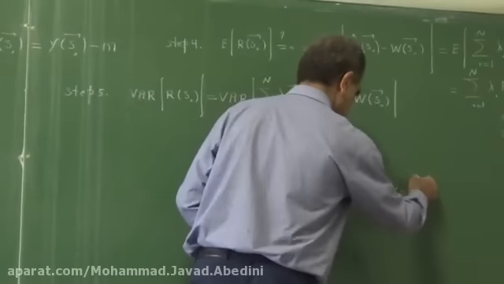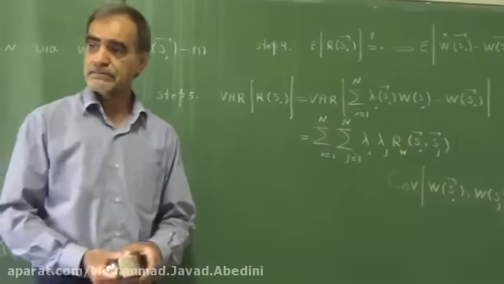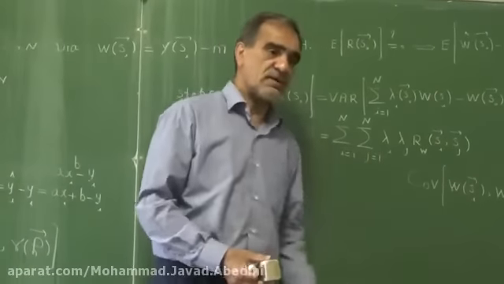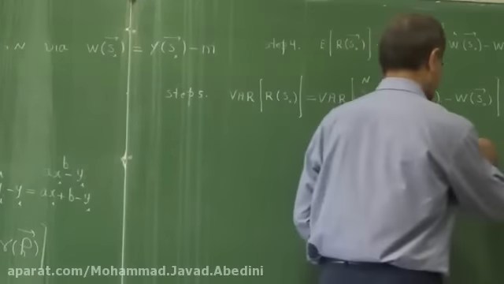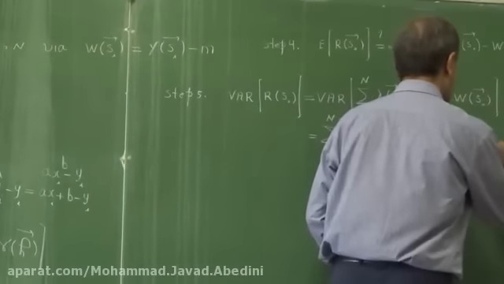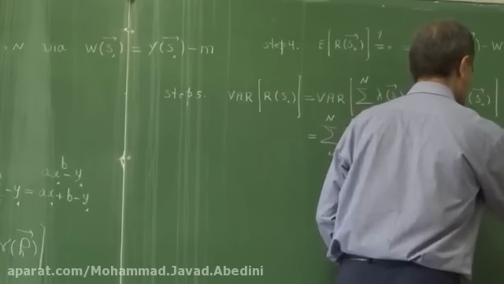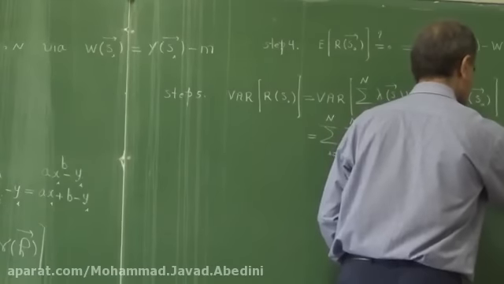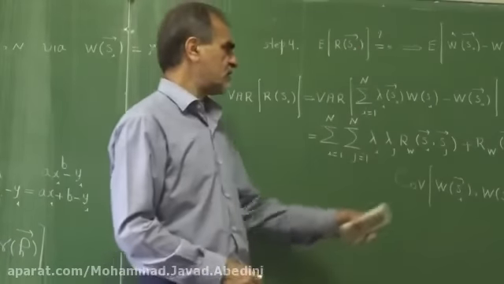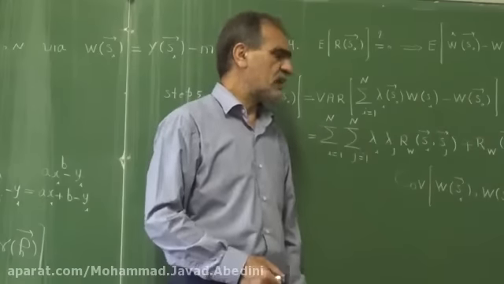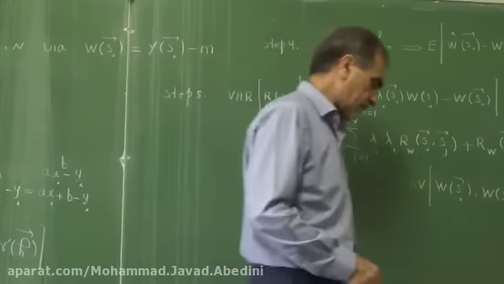That is the expanded version of writing this. Covariance between 2 random variables. And then plus R of W S0 S0. That is covariance of this, which is variance of W at S0, because the argument is the same.